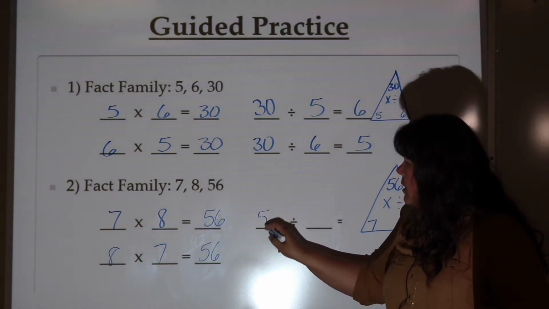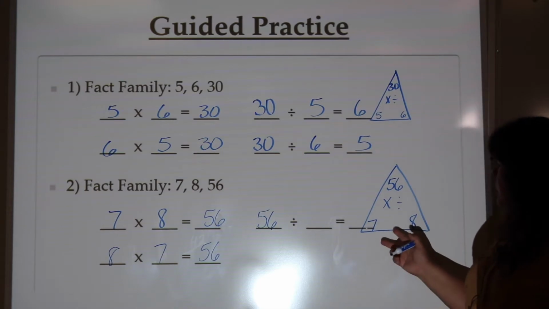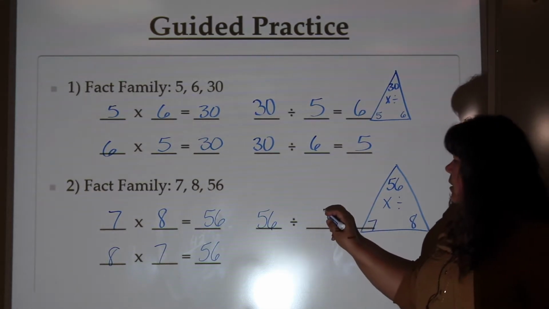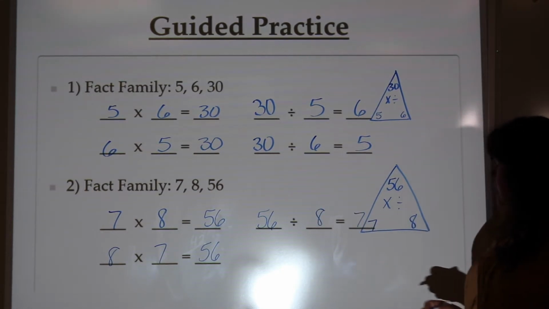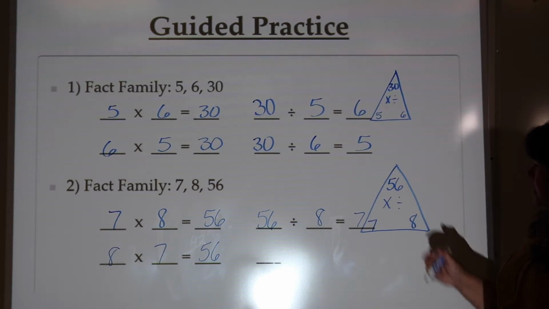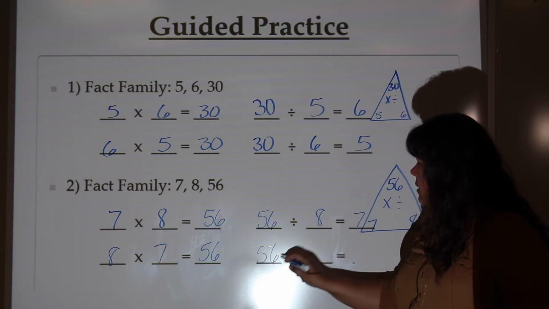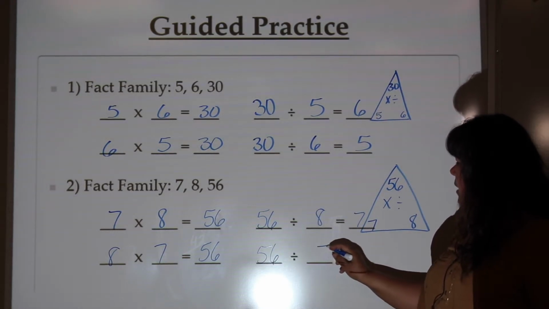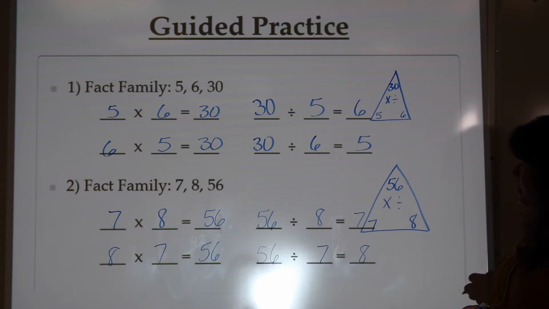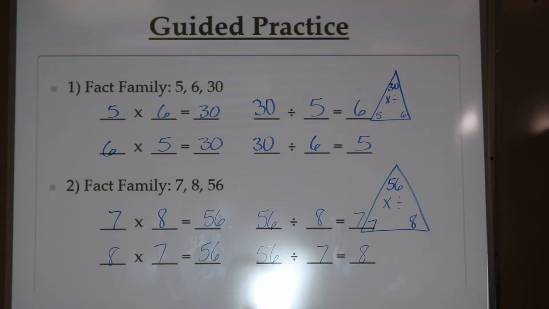So it's going to be 56. And then I can choose either one of these numbers. I'll do 8, and that one already has a 7. One more. We always start with the bigger number on top, 56 in this case. And I'm going to switch these two so I have a different fact family written out. There we go.